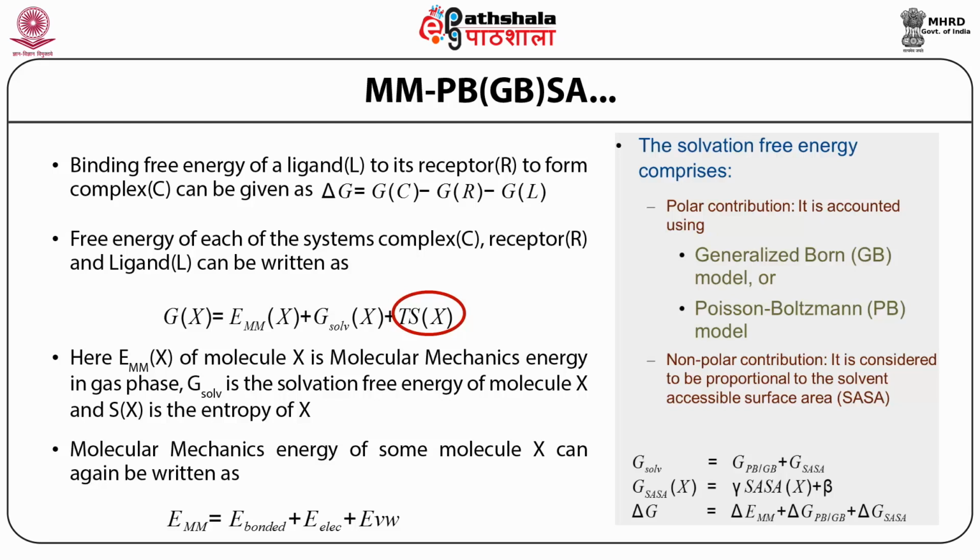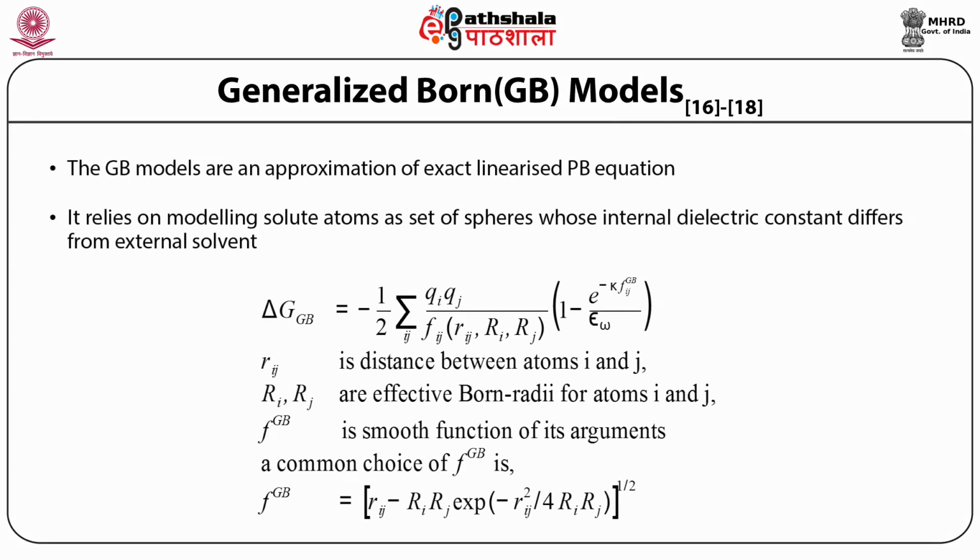However, these two or three formulas shown on the right hand side do not include the T delta S. Hence, this method is applicable to systems that are not much influenced by entropic motions or contribution from entropy. The generalized Born model includes a spherical assumption of the solute and its interaction with the solvent, which is shown in this formula here with the description.